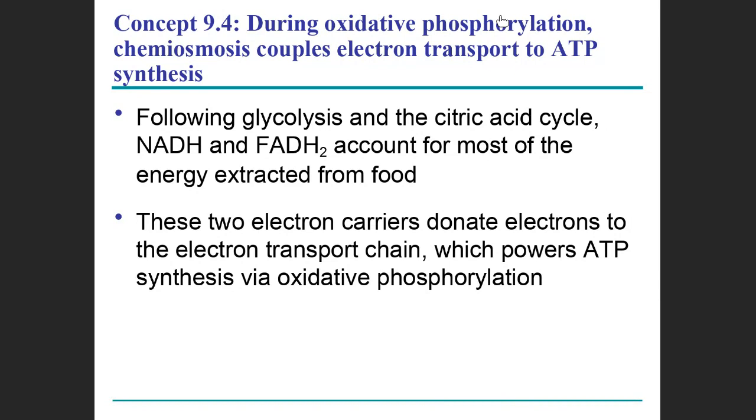Right, to an area of low concentration. And as we'll see, that movement of hydrogens from high concentration to low concentration is an alternate form of energy. So the electrons, as they're passed from complex to complex, that's a form of energy used to pump hydrogens. And the movement of the hydrogens from high concentration to low is another alternate form of energy. And we'll see how that's used to make ATP.